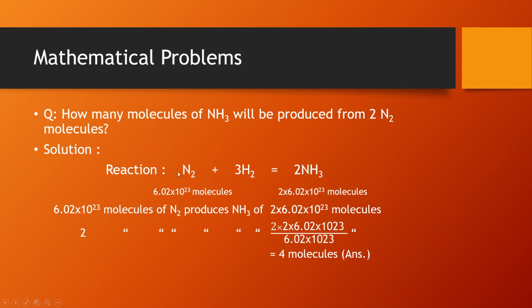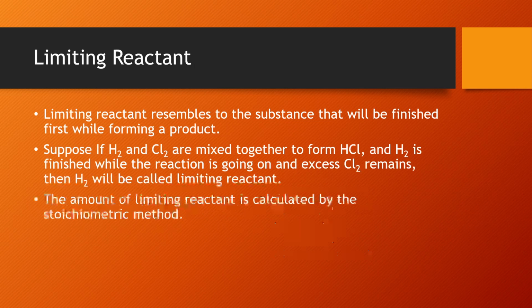So here the Avogadro number of nitrogen and ammonia is participating in this reaction. This is the format. The required value is ammonia. Ammonia will be at the right side and nitrogen will be at the left side, and 4 molecules. This is the answer. By this format we can obtain the value. This is a mathematical problem.